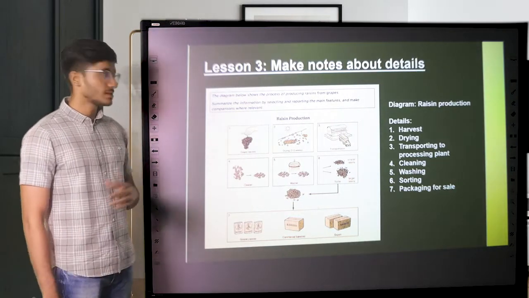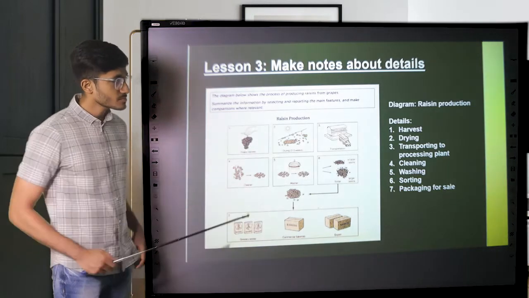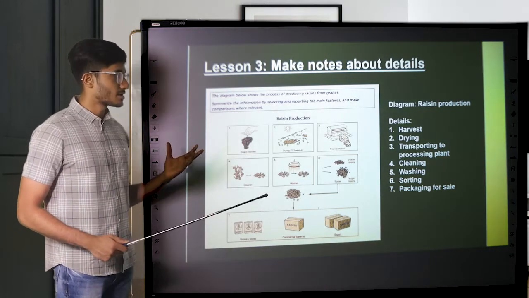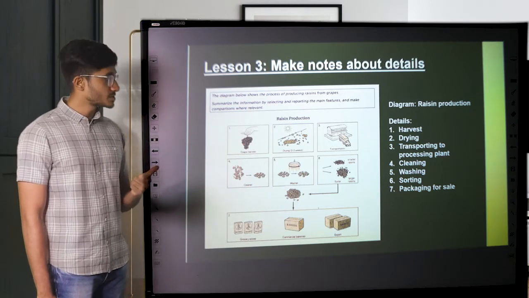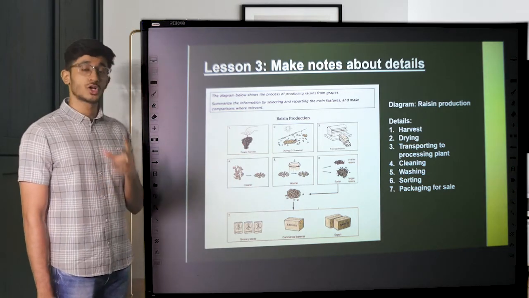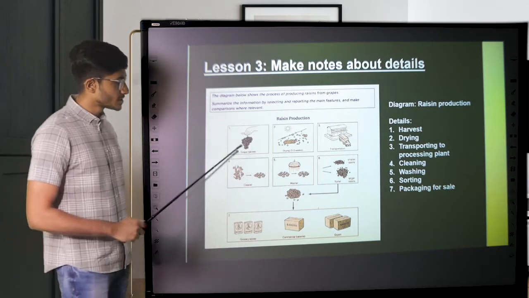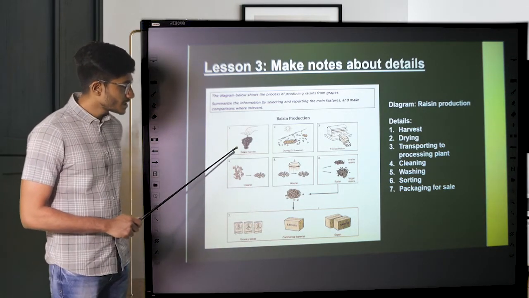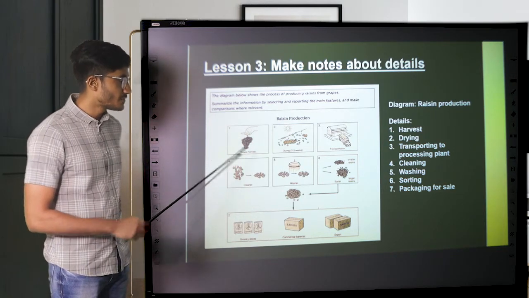So let's take a look at this example. So the raisin production one. So we already know what the diagram is about. We have identified the title and we have identified the description of the diagram. So now we need to jot down the details for each step. So if you closely look at this picture, it shows a grape hanging off the hand and it shows grape harvest.